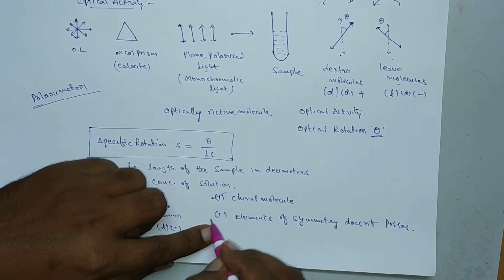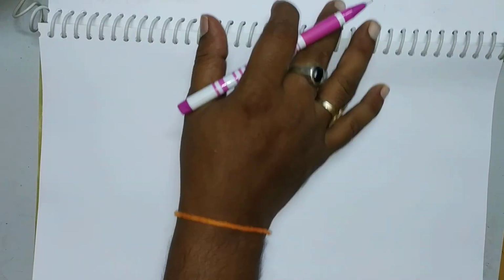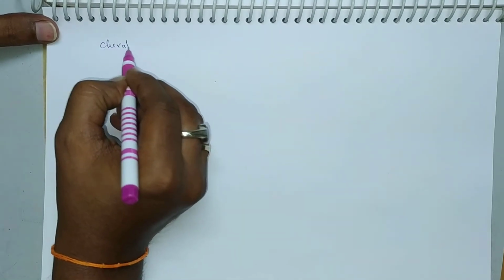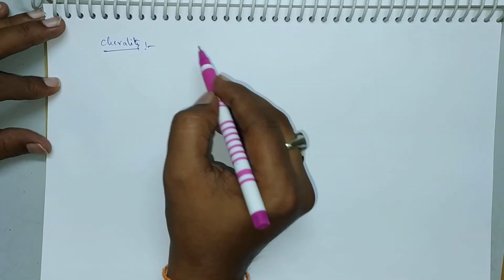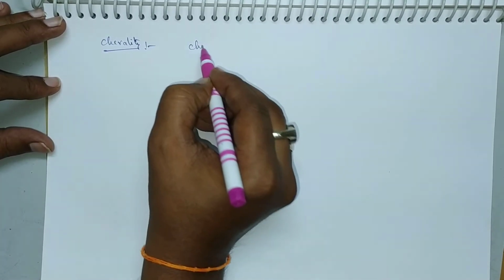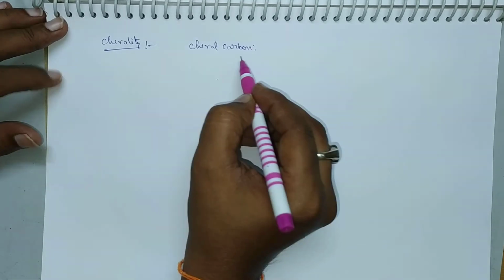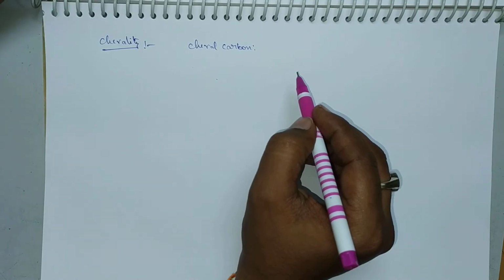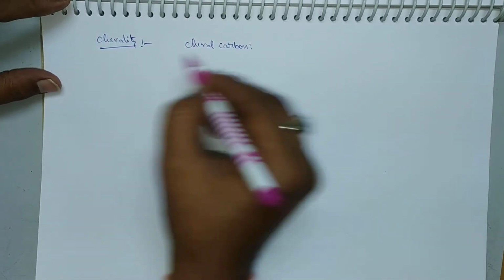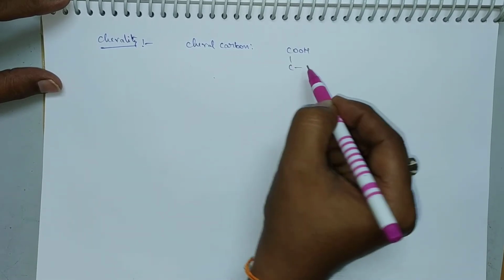What is a chiral molecule and what are the elements of symmetry? Here, chirality. Before going to that, we have to know what a chiral carbon is. A chiral carbon means any carbon which has 4 different atoms or groups. Suppose you take lactic acid, this is the formula for lactic acid.